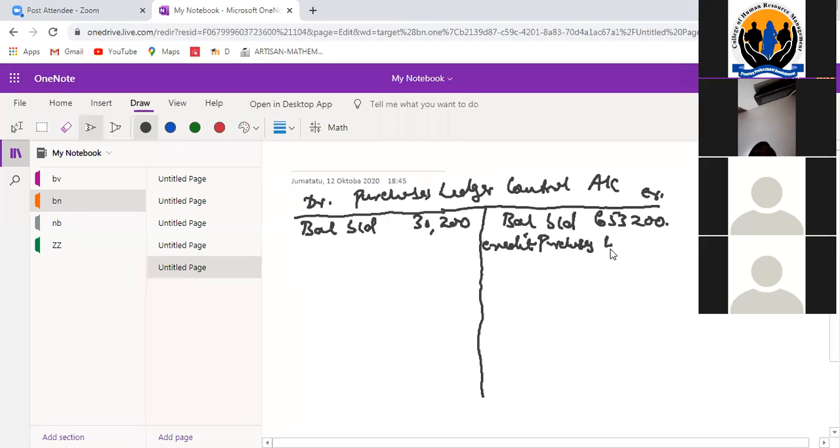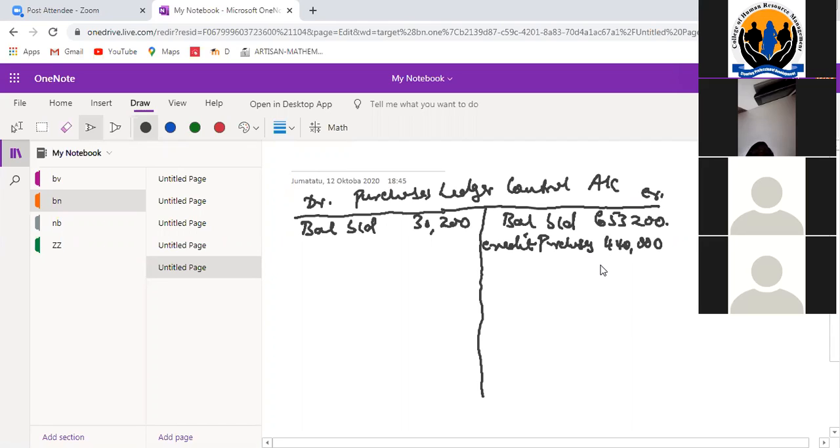What if there were cash purchases and cash sales? How will we treat them?